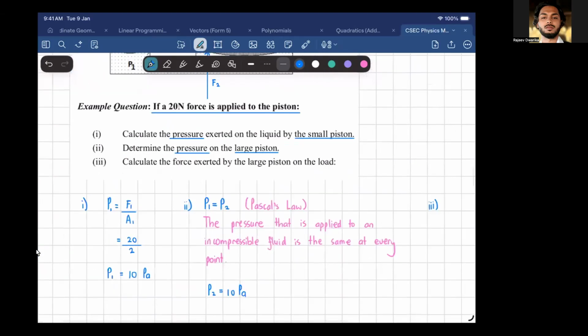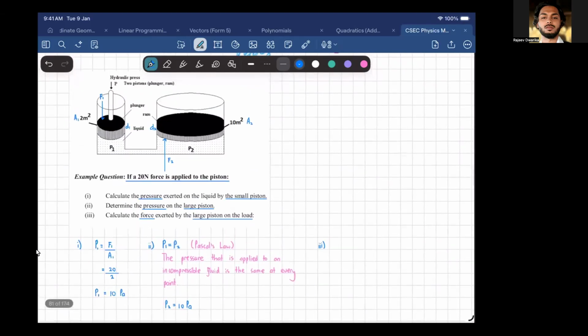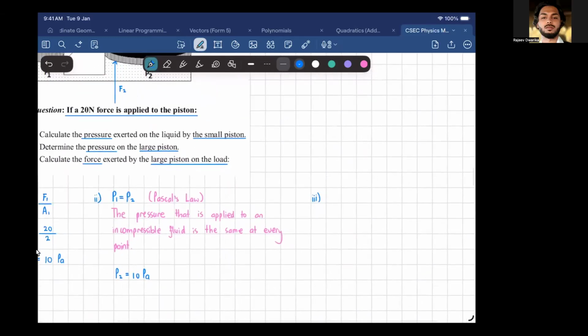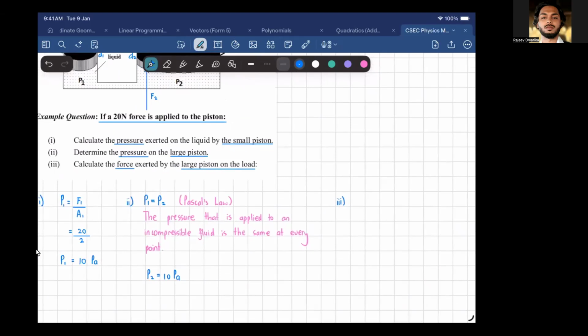Calculate the force exerted by the large piston on the load. So, Shina, want to help me with part 3? So if I want to find force, what formula comes to mind?